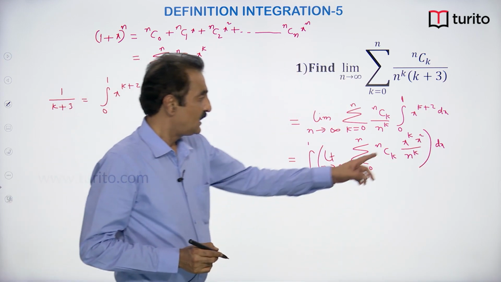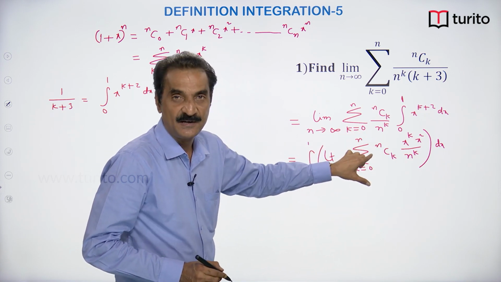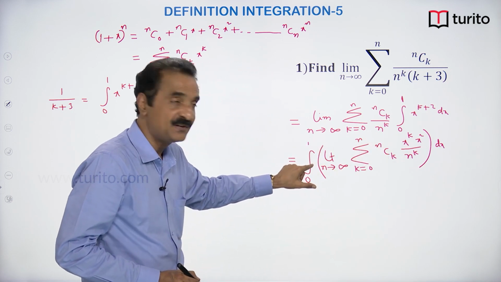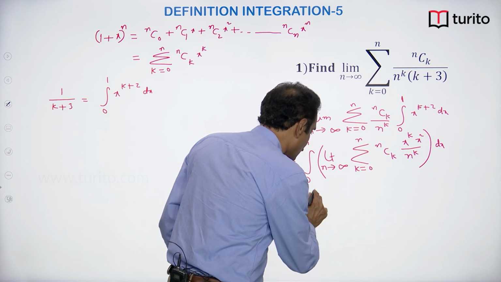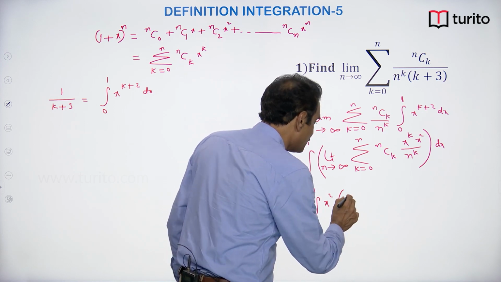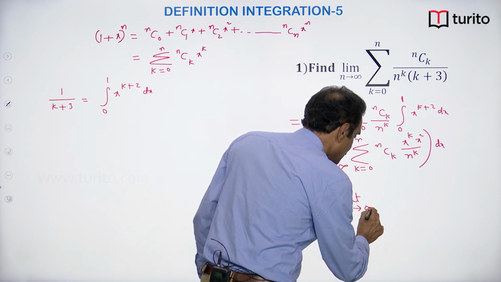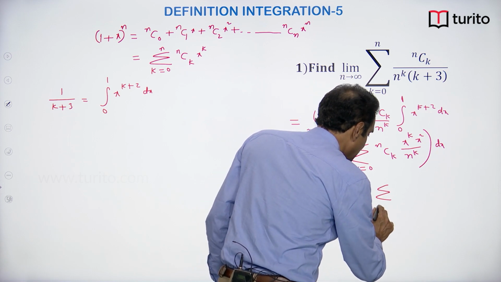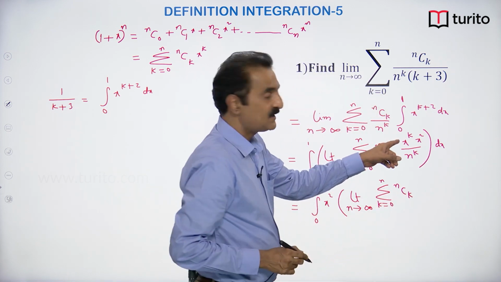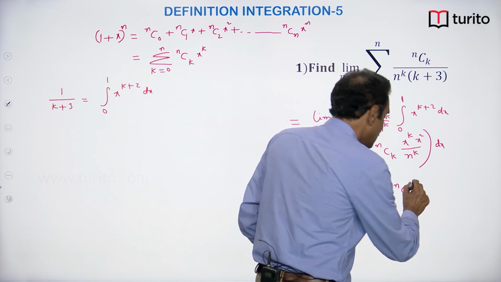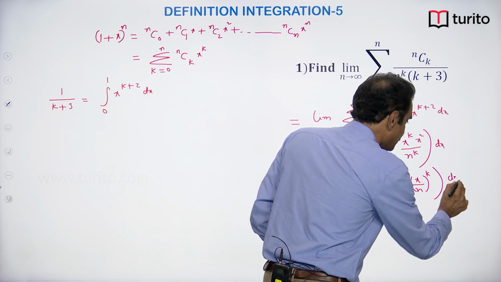Now, this x is independent of n and k. So, these two are in terms of n and k. So, I can take out x square and write it just after the integral. So, it is integral 0 to 1 x square into limit n tends to infinity, sigma k varies from 0 to n, nCk into, what is the remaining? x power k by n power k is x by n whole power k, dx.